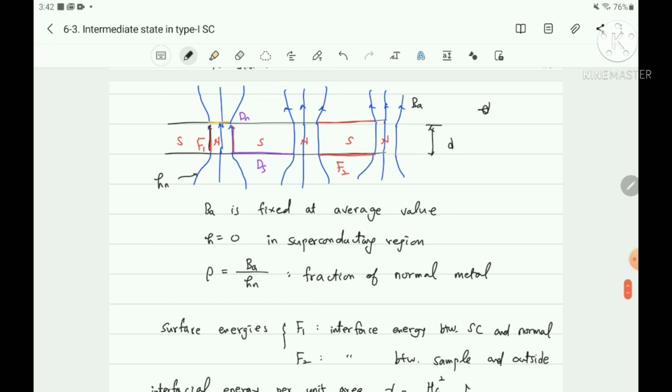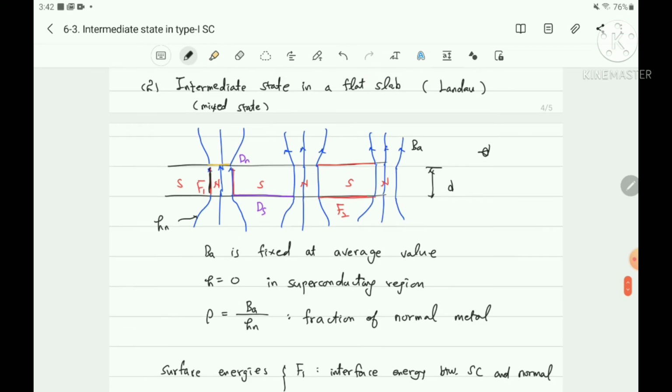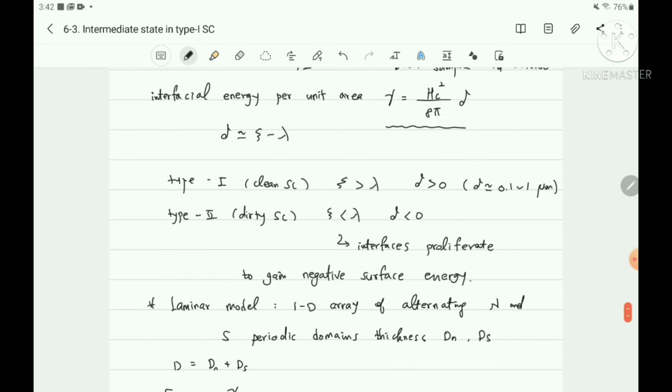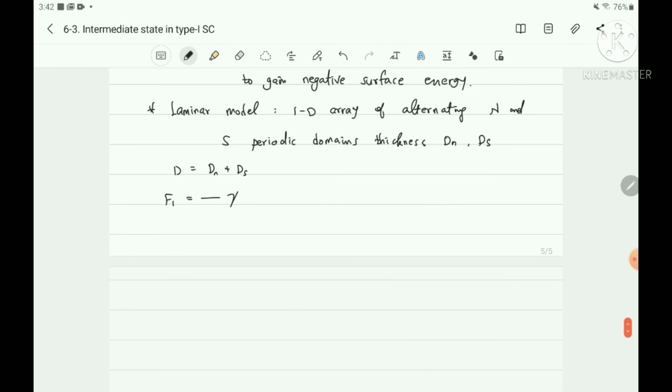Here the area is D, but there are two sides, therefore it is 2D, and D is the total sample length, and therefore 2D over capital D times gamma is the interface energy.